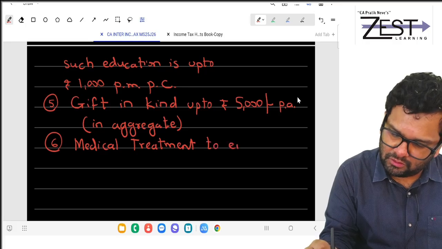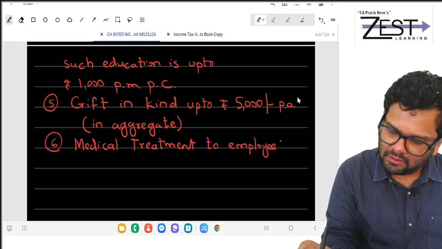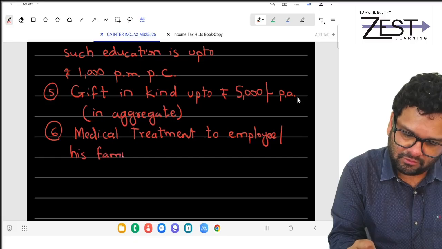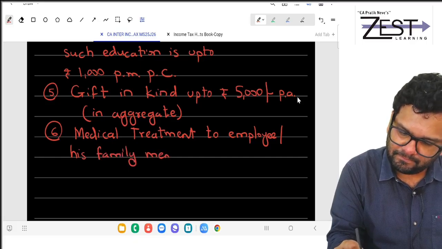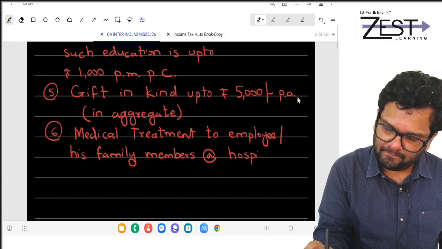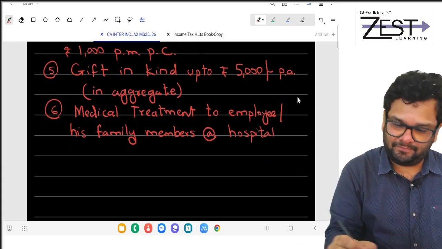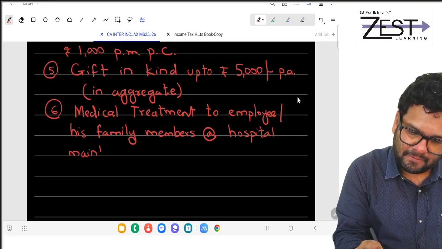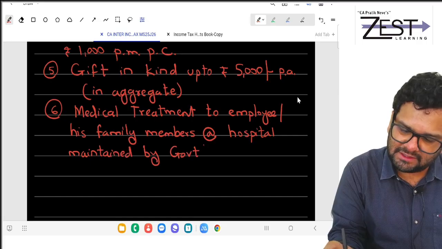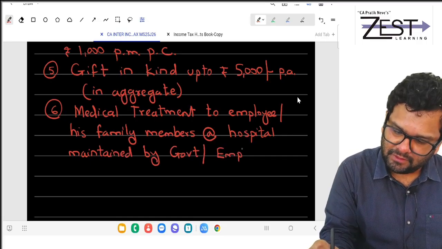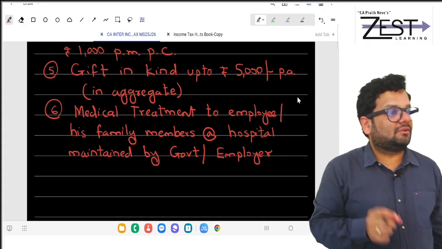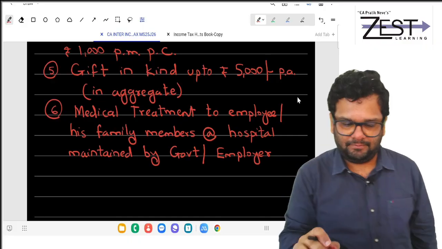Medical treatment to employee and his family members, at a hospital maintained by government or employer, meaning the employer's own hospital, is a tax-free perquisite. Next.